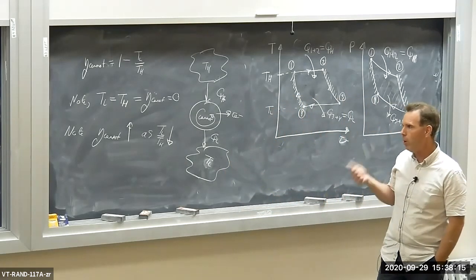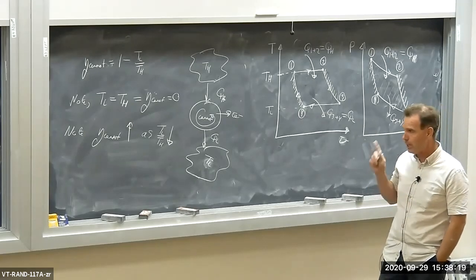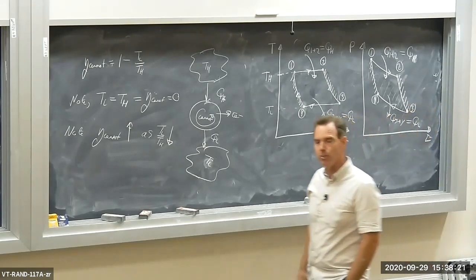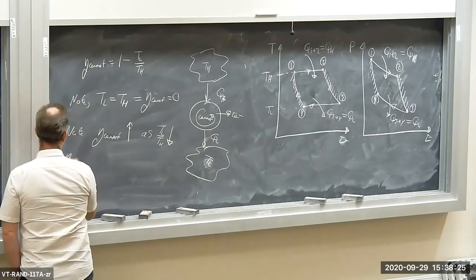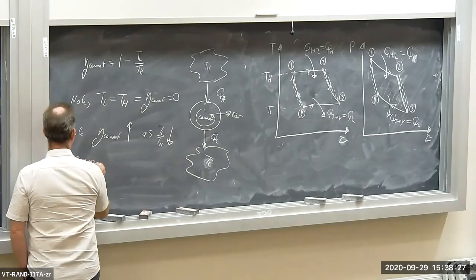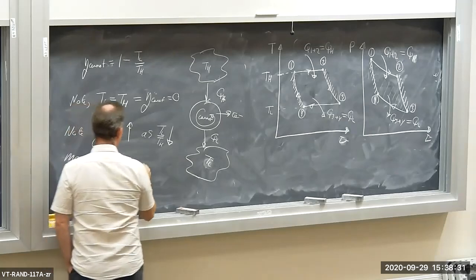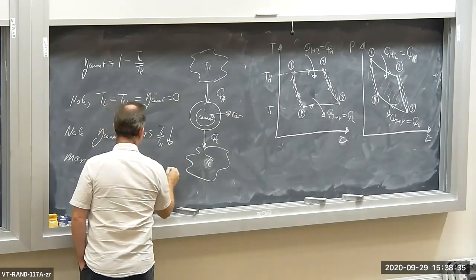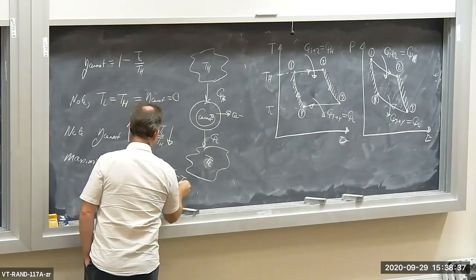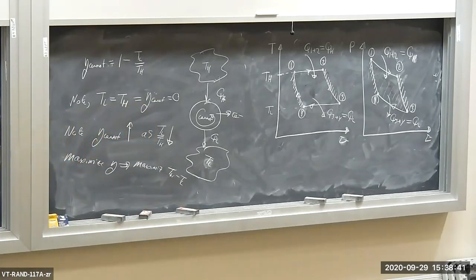So if you want the most efficient heat engine, Carnot heat engine, or any reversible heat engine, you want to maximize the delta T. So maximize eta by maximizing TH minus TL. You want to maximize the temperature difference between the high and the low temperature reservoir.